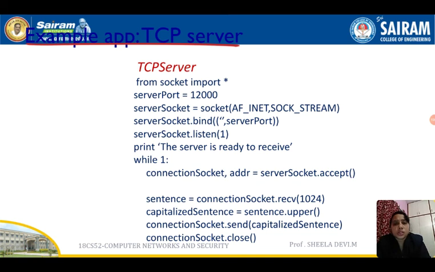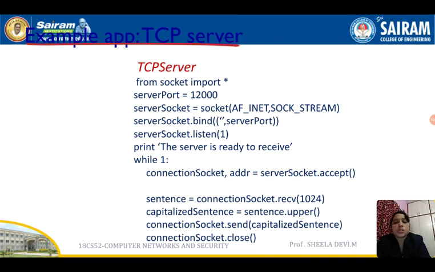Once the socket is created, server socket is, as I said already, only for welcoming the client. So it is listening, checking whether any client is giving a request. So if it expects 2 clients, then the parameter would be 2. Here you are seeing server socket dot listen of 1. Instead of 1, 2 will be there if 2 client requests are there.